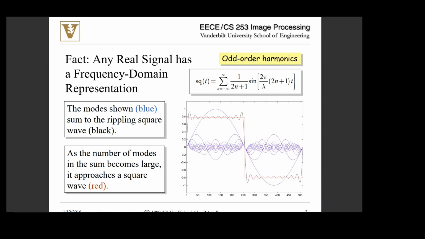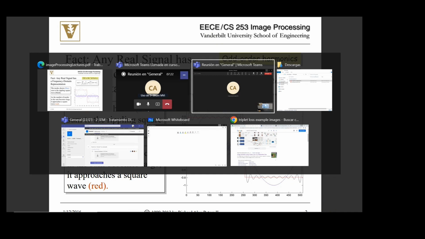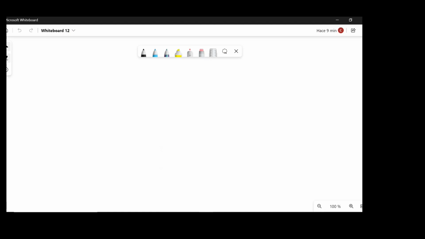So, and then the relative position is the phase. Okay, so in general, when we write the signal, we have these three things that we can control. I will write it in continuous time. So you have an amplitude, and then you have a frequency and a phase. The frequency, this one here, is 2 pi over lambda.